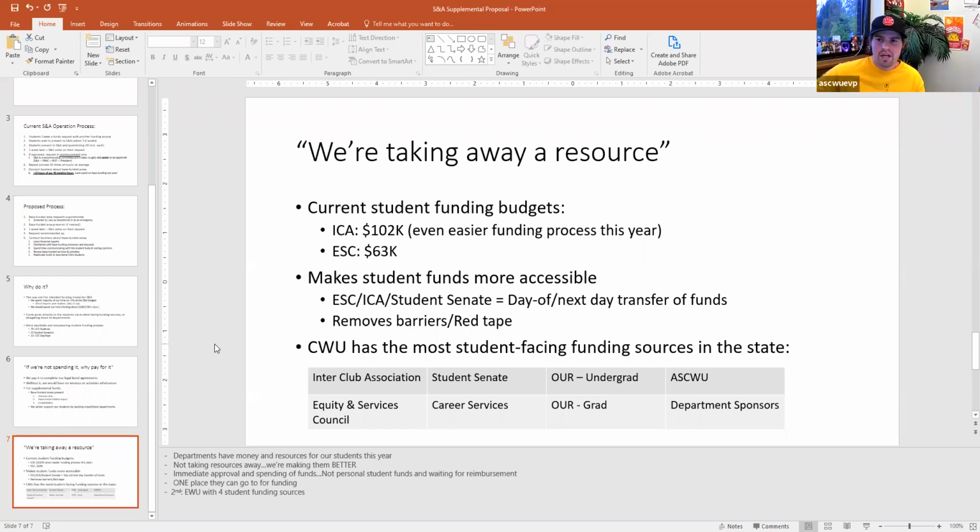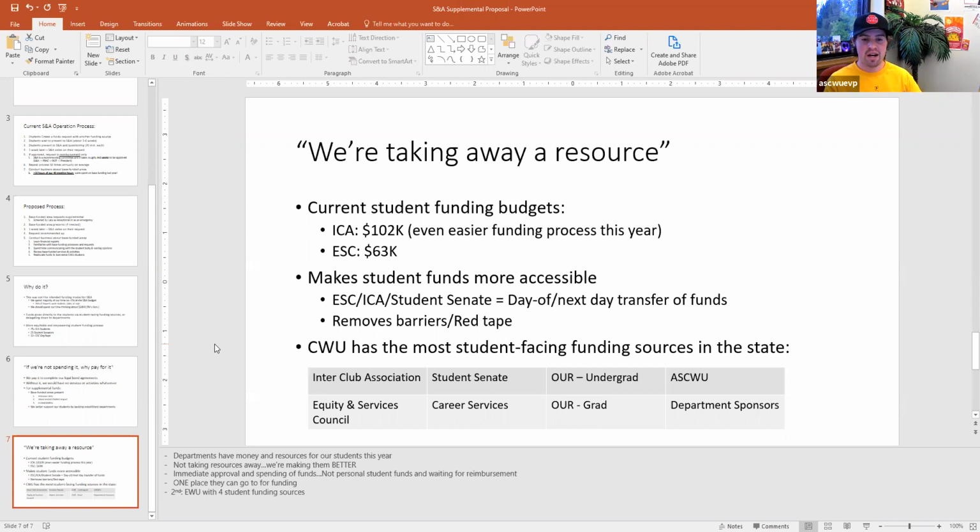Mm-hmm. And I think maybe this is where we're still hung up, Eunice, is that it seems like we're taking away a resource. But I just want to say, we're not taking away a resource, we're just delegating it down to these departments and our student sources that can immediately support them.